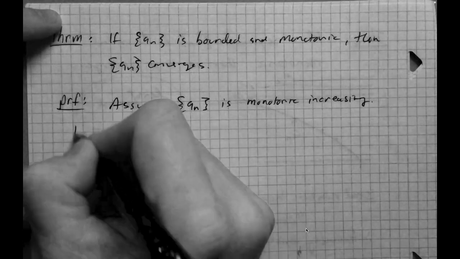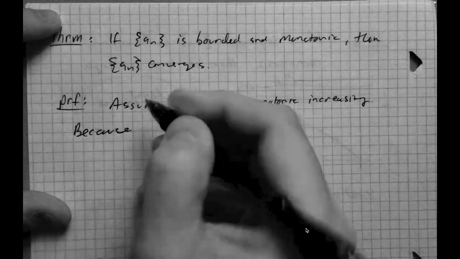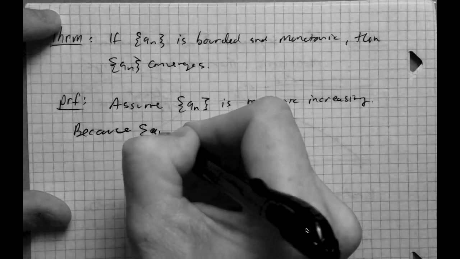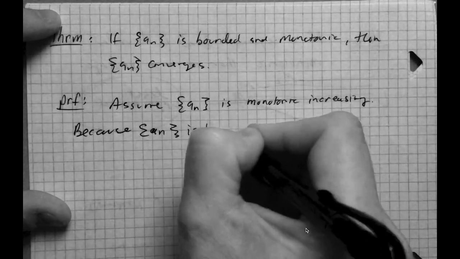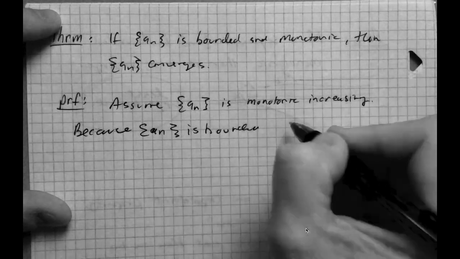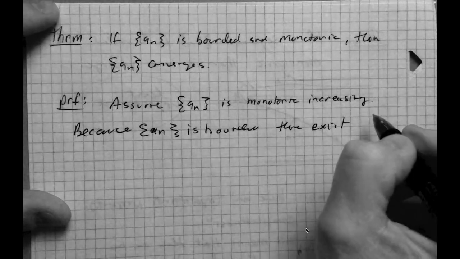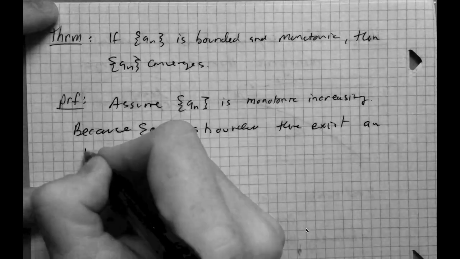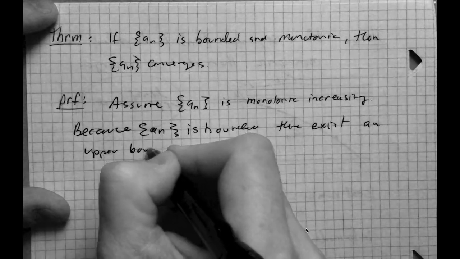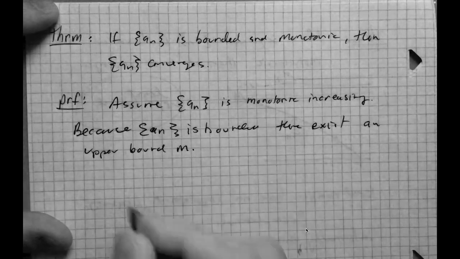Okay, so because A of n is bounded, there exists an upper bound M. Right, so what does that mean?